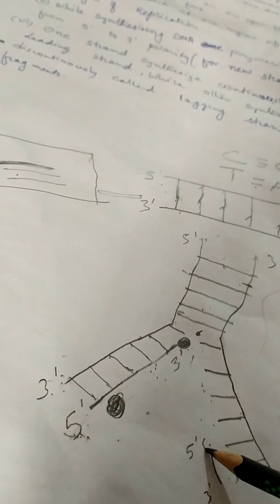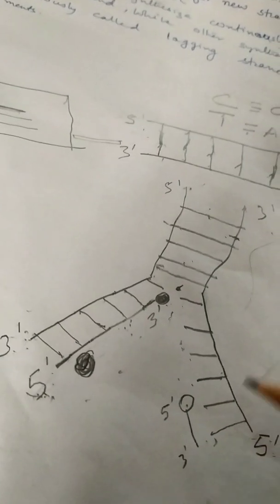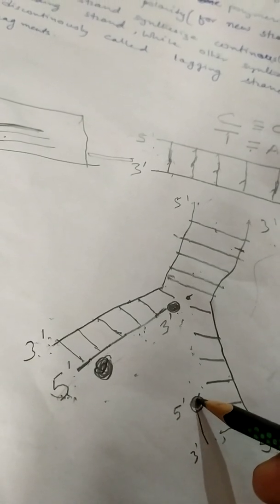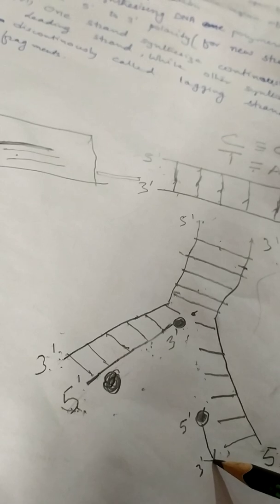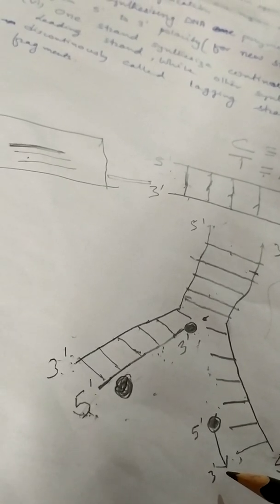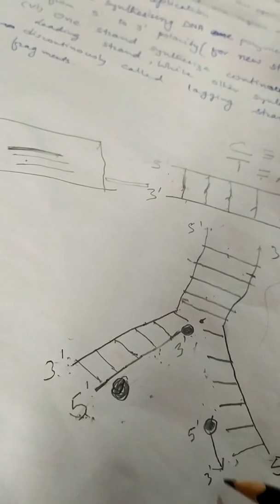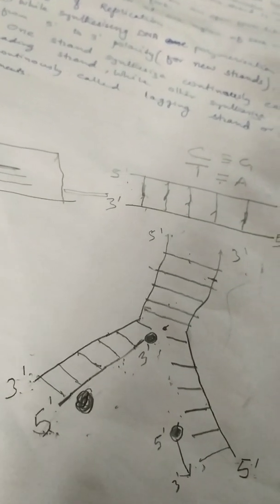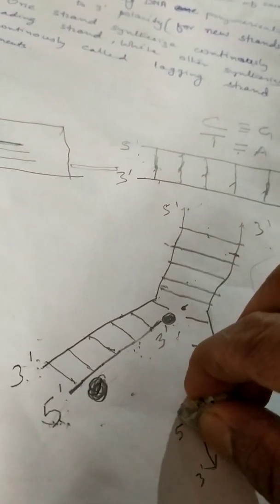It starts from this point, not from here. Okay, this is the DNA polymerase enzyme. It is starting from this point and reaching this point. Let me show you with the arrow. It has reached this point now. This became one fragment. Now let me rub this DNA polymerase.